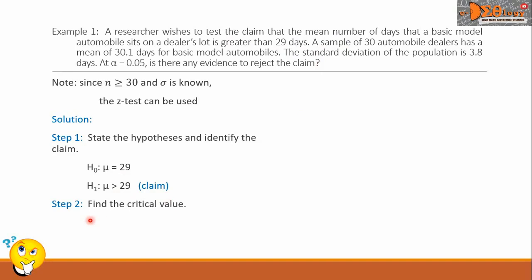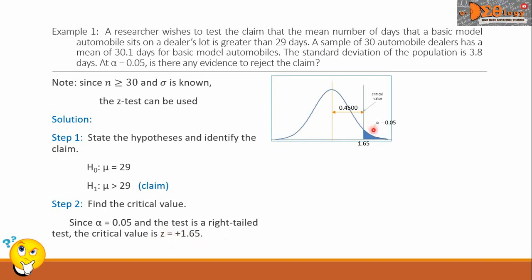Step 2, find the critical value. Since alpha equals 0.05 and the test is a right-tailed test, the critical value is z equals positive 1.65. We get this value from the normal distribution table.